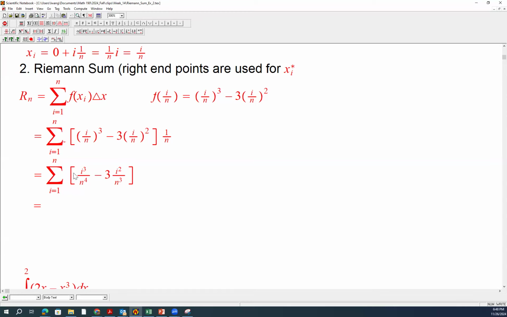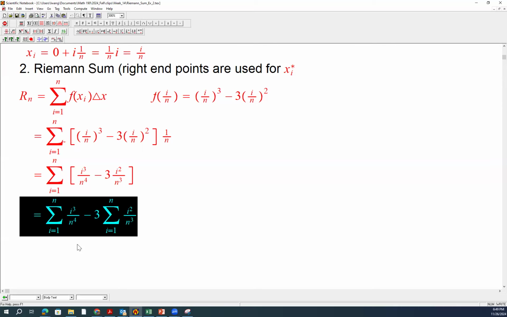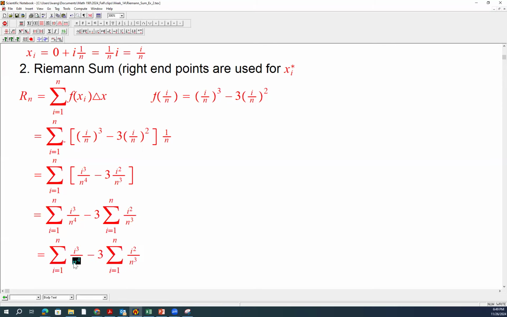We're going to separate the summation from one summation into two summations, so this one and that one. The next part is I'm going to take 1 over n to the power 4 outside, so here we just have i raised to the power 3.